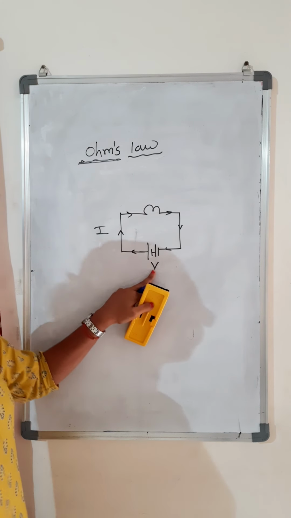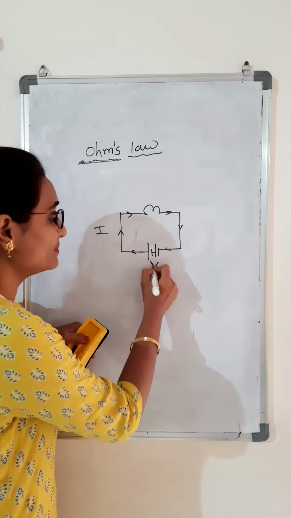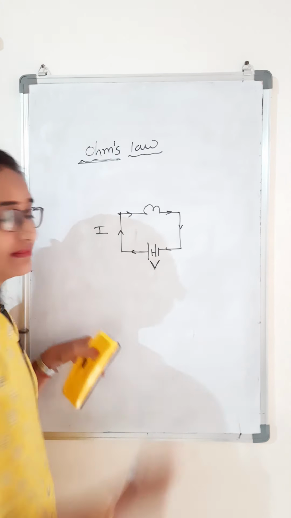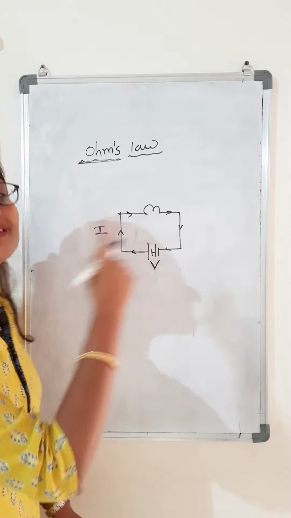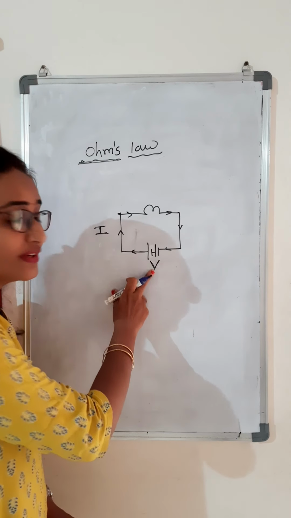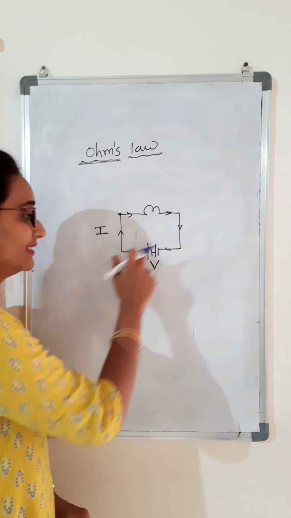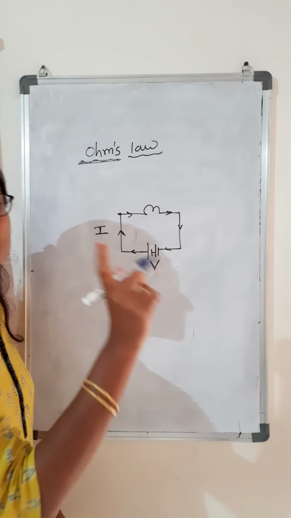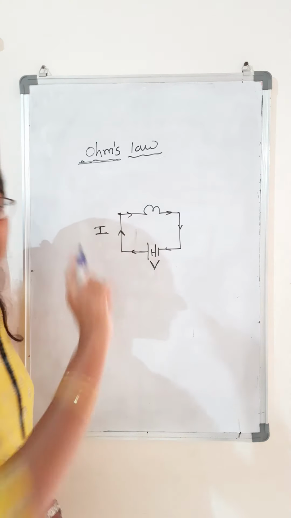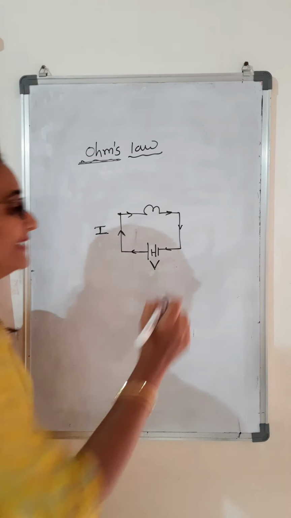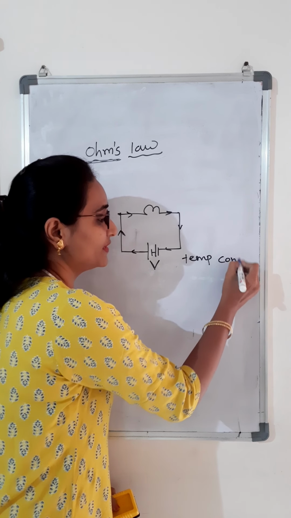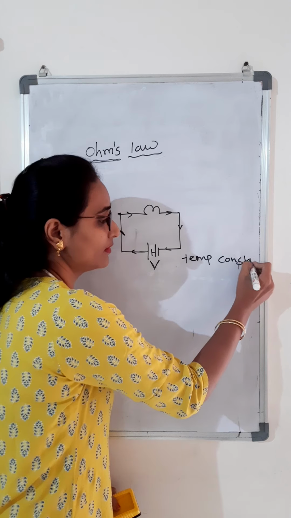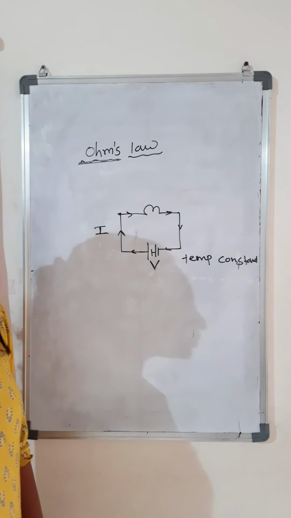So what is the statement of Ohm's law? Ohm's law states that the potential difference between the ends of a conductor is directly proportional to the current flowing through the conductor, provided that the temperature is constant.